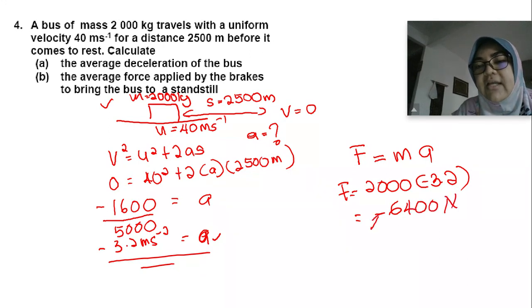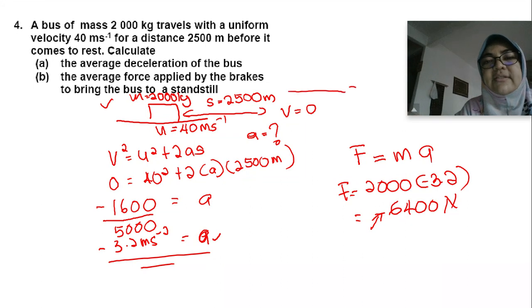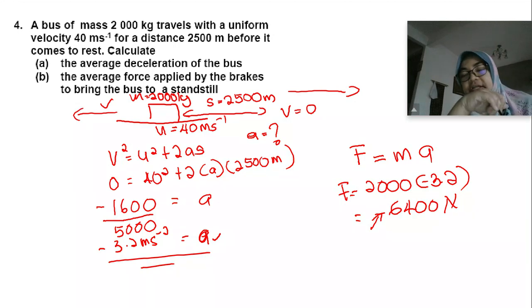Okay, the negative sign shows the direction of the force, which is the opposite of the motion. So let's say if the object moves to the right, the force is being exerted in the opposite direction, which is to the left.